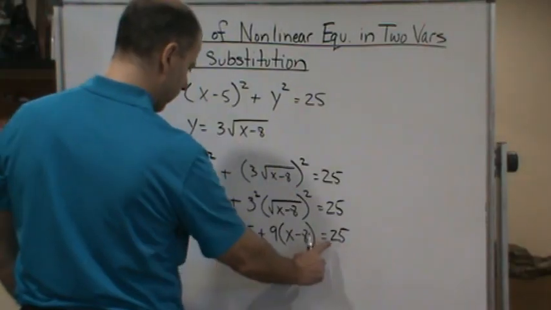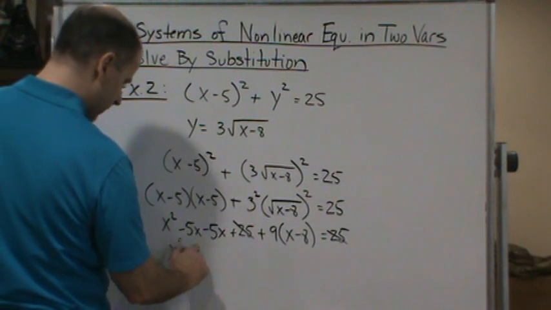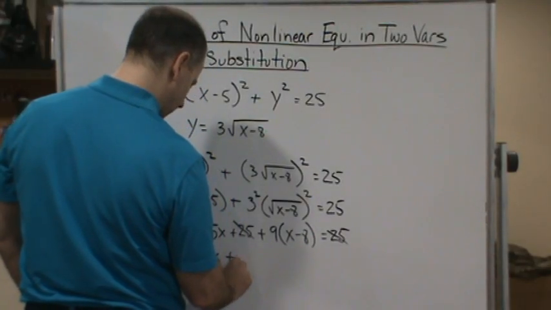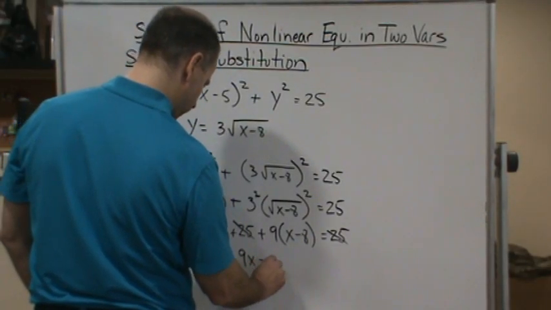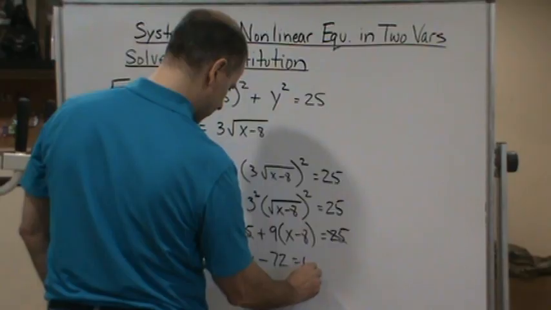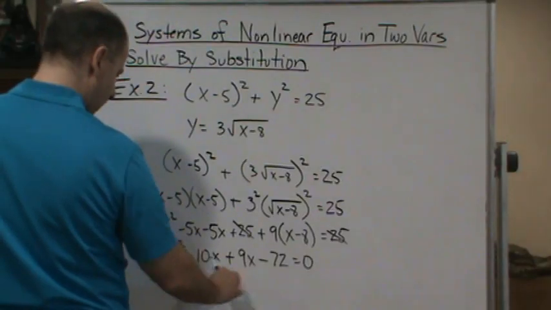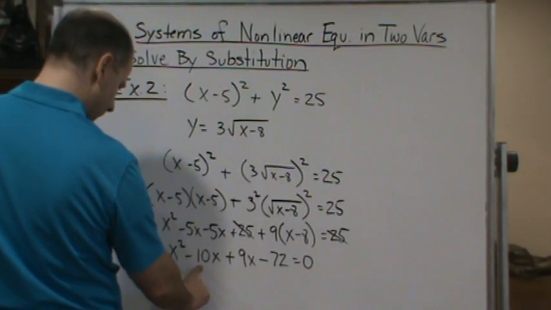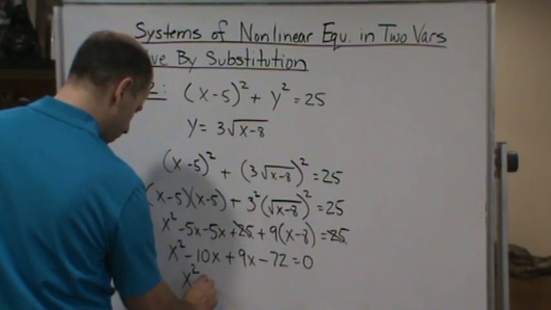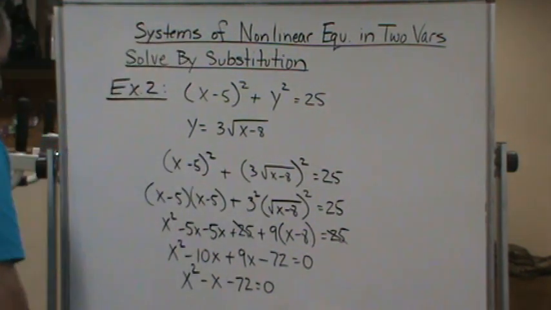I've got a 25 here and a 25 here, so those cancel. I've got x², a minus 10x, plus 9x, and minus 9 times 8, which is 72, equal to 0. Minus 10x plus 9x gives me minus x. So this is x² − x − 72 = 0.